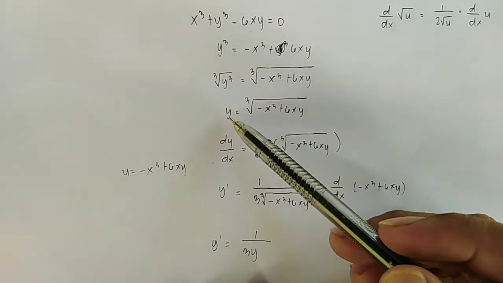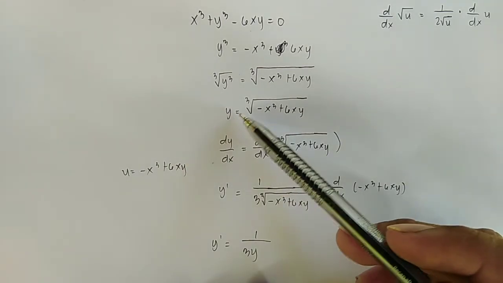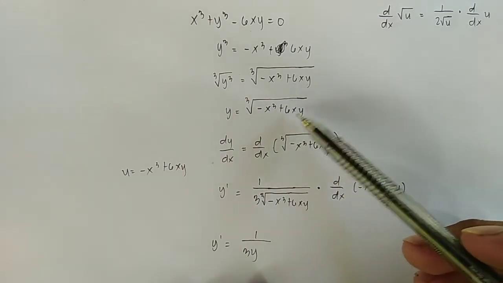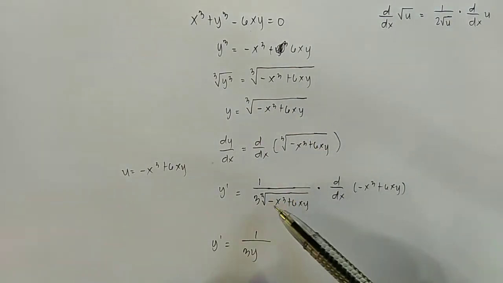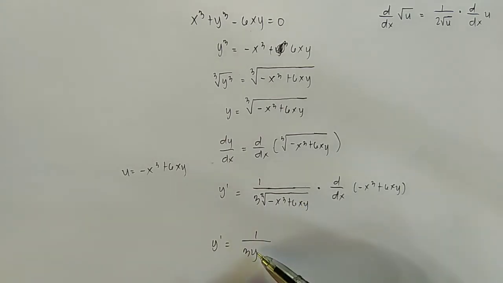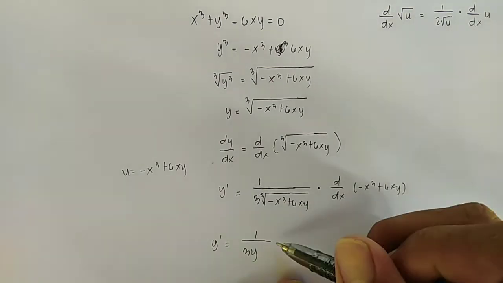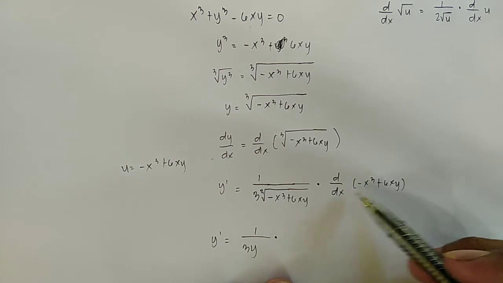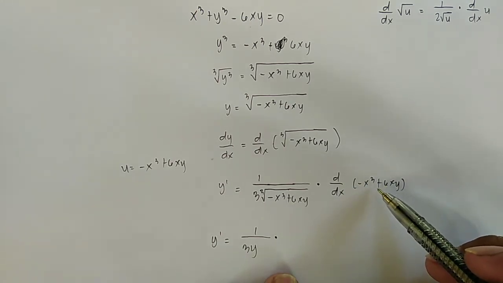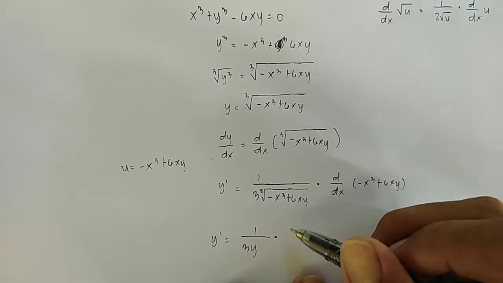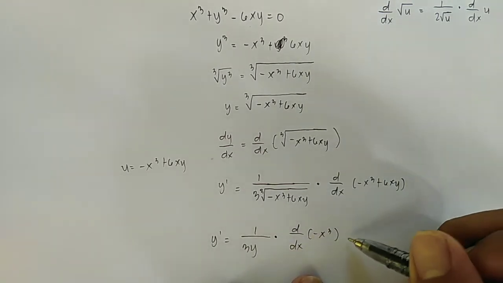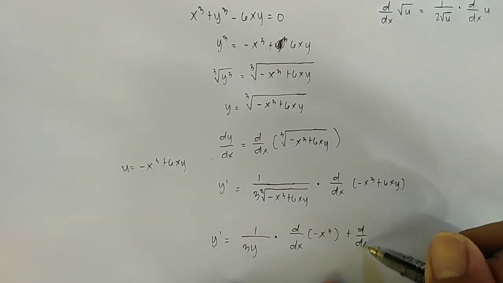That is why we have 3 times y, 3y, times the derivative of this expression. So we have the derivative of negative x cubed, so let us distribute first the notation for the derivative, plus d over dx of 6xy.